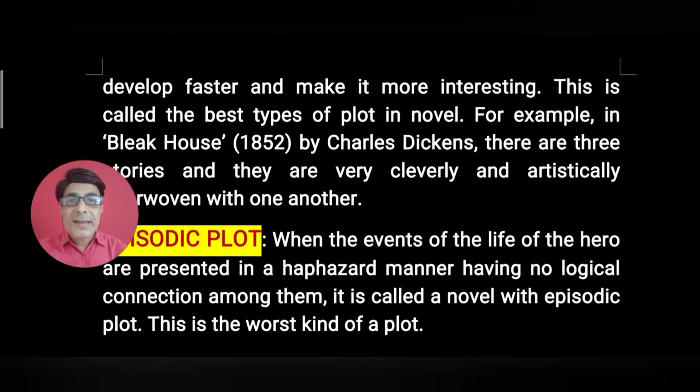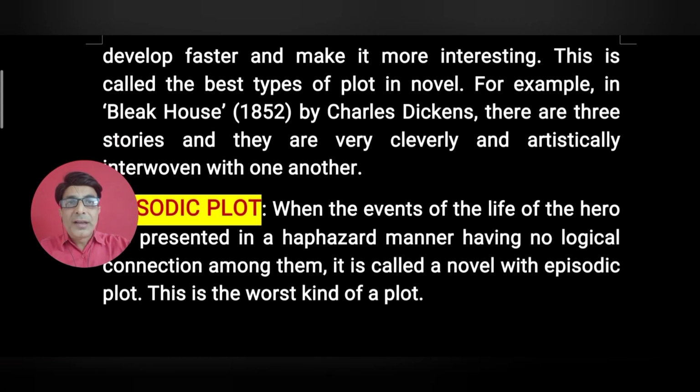If you want an example of a novel with a complex plot, then you can take Bleak House, written by Charles Dickens during the 19th century. This novel was published in 1852, and here there are three stories, and they are cleverly and artistically interwoven with one another.